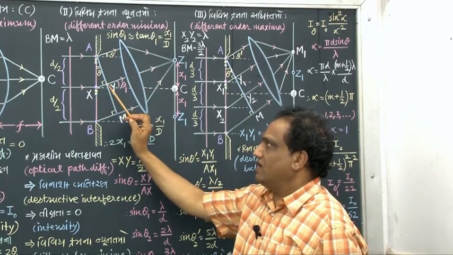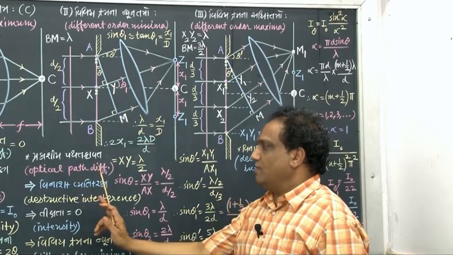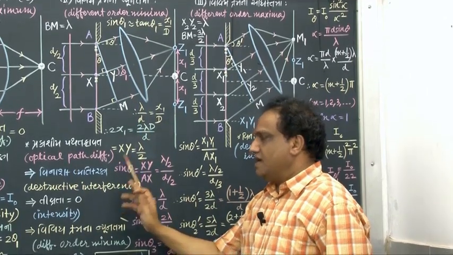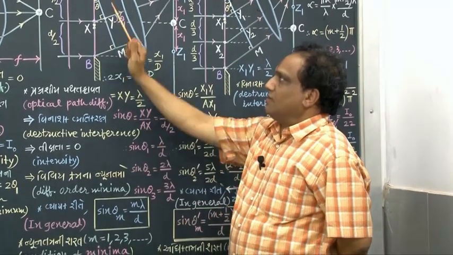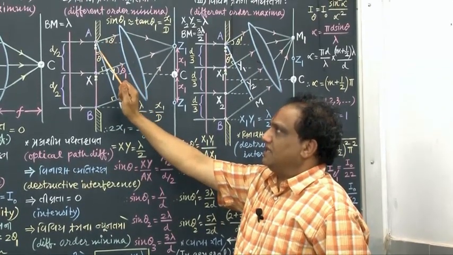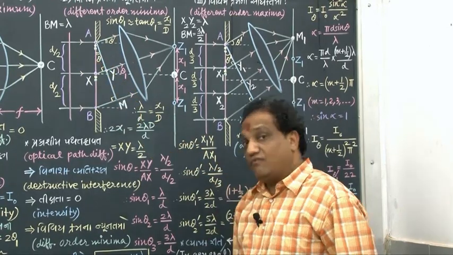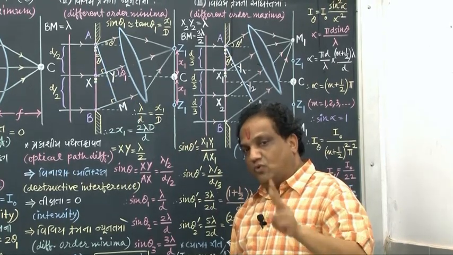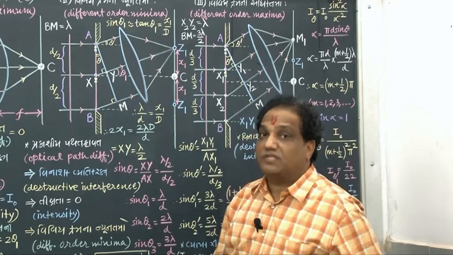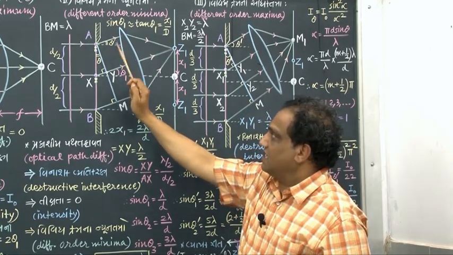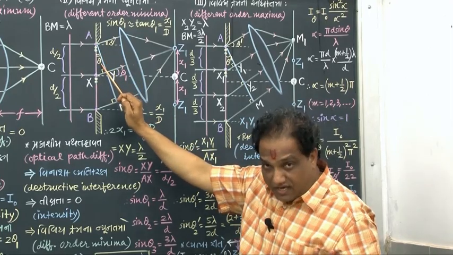It is the optical path difference XY, and it is assumed to be lambda by 2. Suppose this angle is theta, then this angle also will be theta. Why? The angle between two given line segments and the angle between their perpendiculars are always equal.